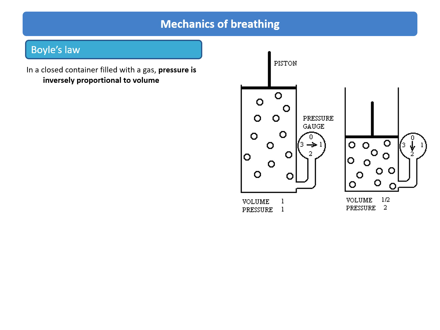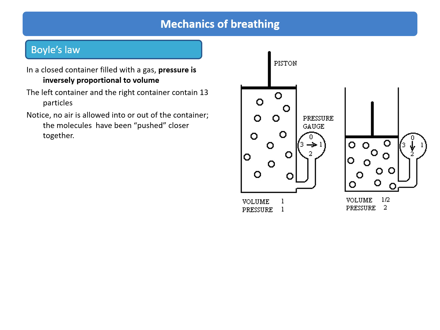In a closed container filled with a gas, as we said, pressure is inversely proportional to volume. The left container, 13 particles are in it. The right container, also 13. Notice that no air is allowed into or out of the container.